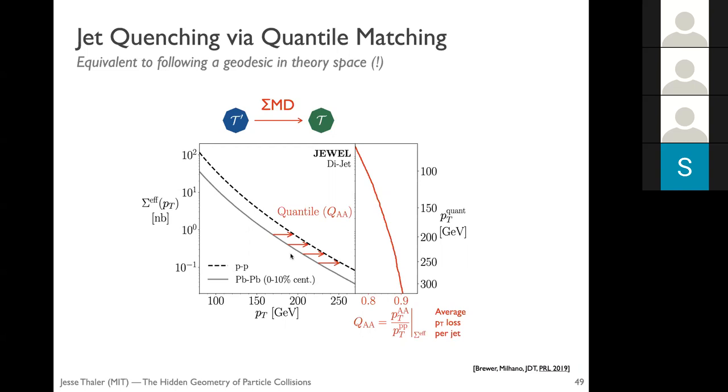It also gives a mapping between a jet seen in the lead-lead case and its nearest neighbor in proton-proton space, if you'd like. You can imagine that this proton-proton event was quenched to go down in pT.